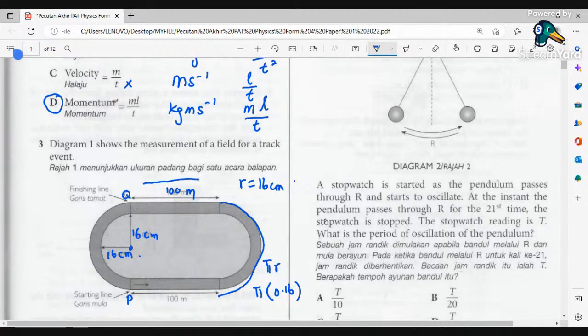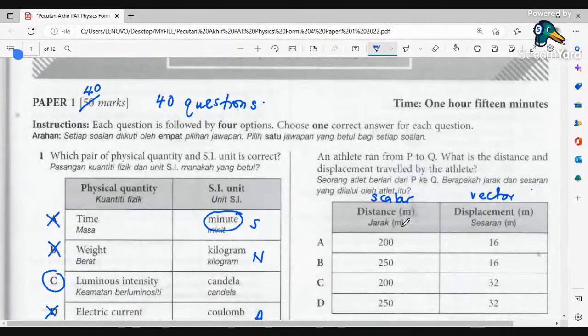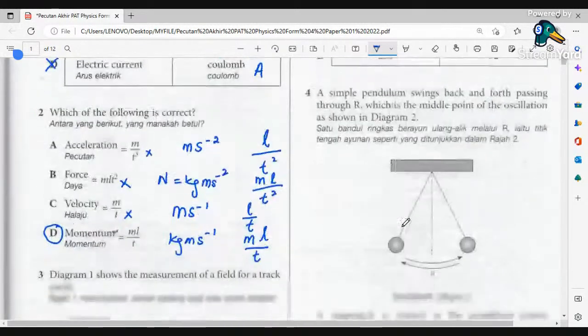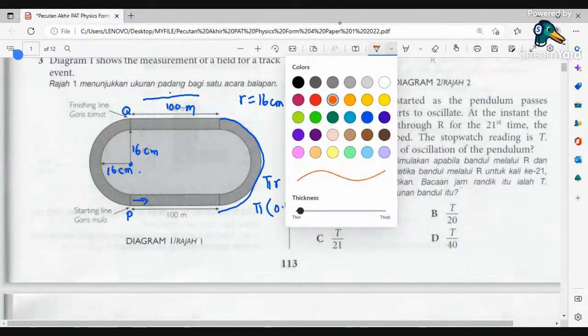Okay, direction. This one is moving from the starting point P to Q, right? So the total length of path travelled is this one.